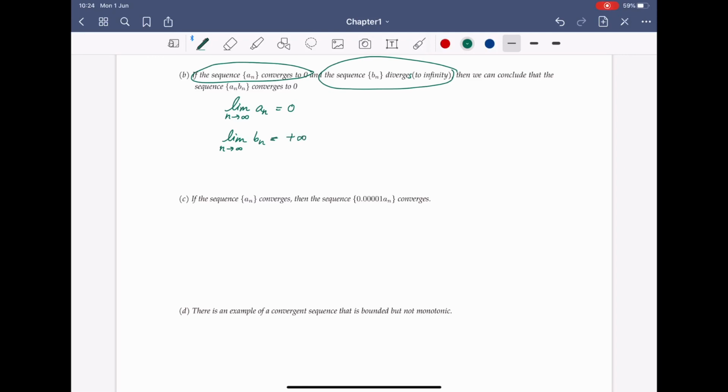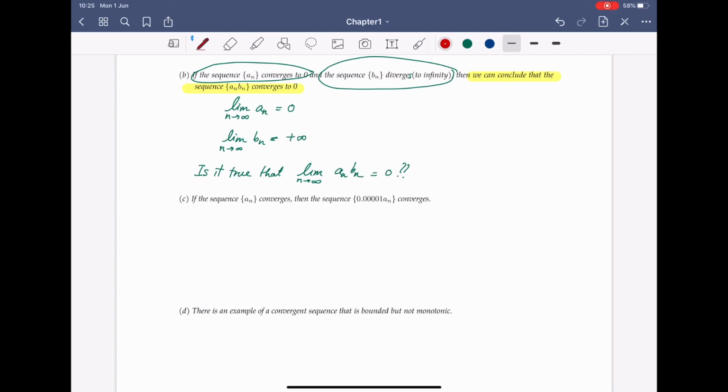All right, and then the question asks you, can we conclude that the sequence an times bn converges to 0? So is it true that the limit of an times bn is 0?